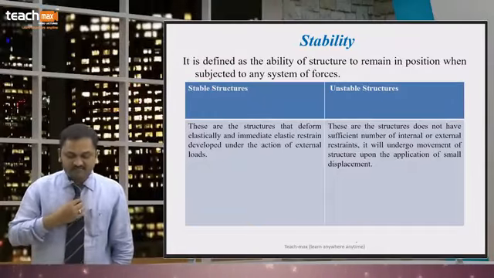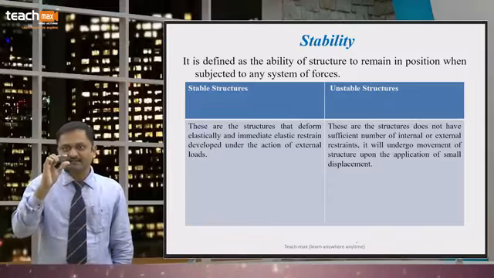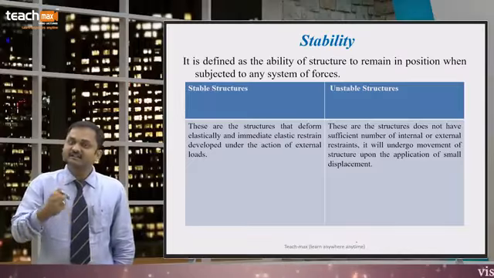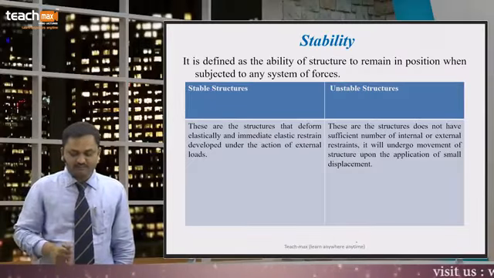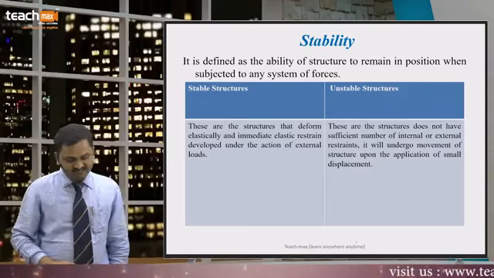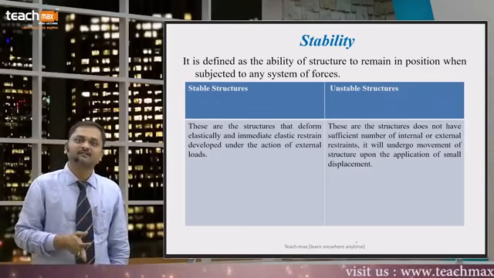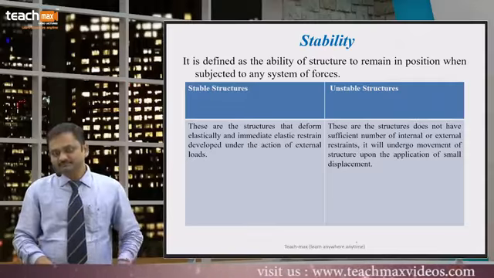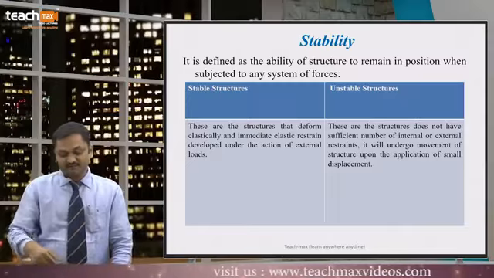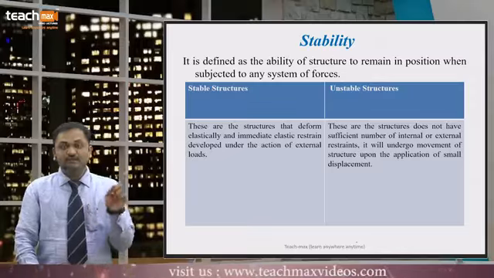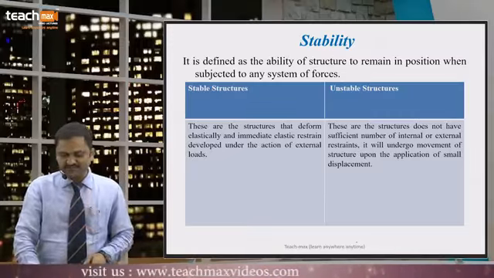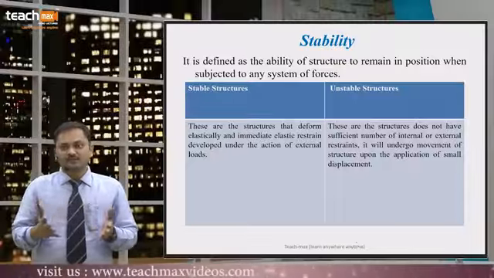These are the structures that deform elastically. So there is some deformation developed in it, and immediate elastic restraint is developed under the action of external loads. That is generally possible in a stable structure. Unstable structures are structures that do not have a sufficient number of internal or external restraints. Why does this happen?